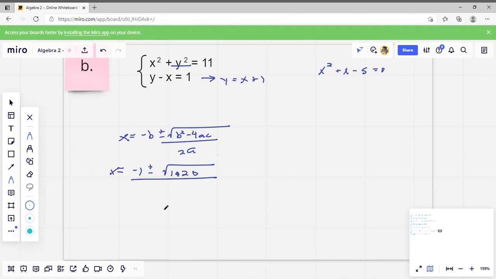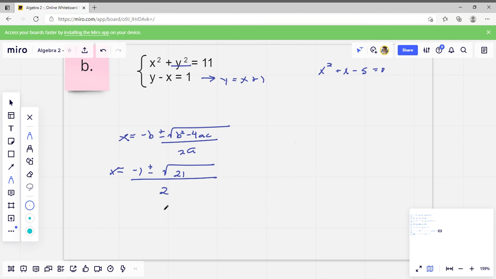That's over 2a. We'll go ahead and make that say 21. Right, because that's 1 squared is 1, and then we've got 4 times 1 times negative 5. Negative 4 times negative 5 is positive 20, times 1 is still positive 20, and 1 plus 20 is 21. All right, now 2a would just be 2 times 1, which is 2.